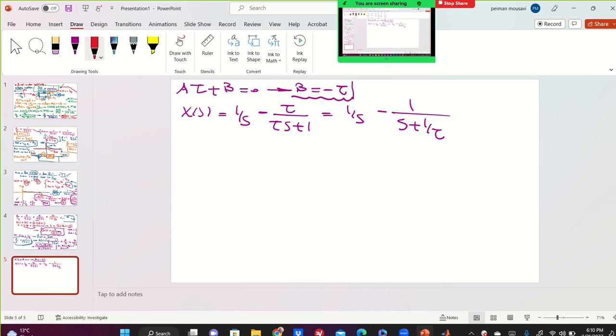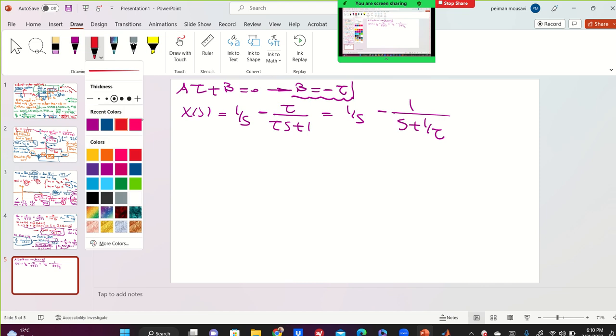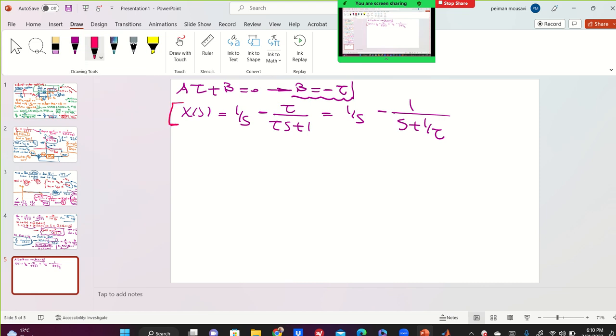So for the solution in the time domain, what are you going to do? You tell me. Laplace inverse. So you get x of t. What's the Laplace inverse of this?